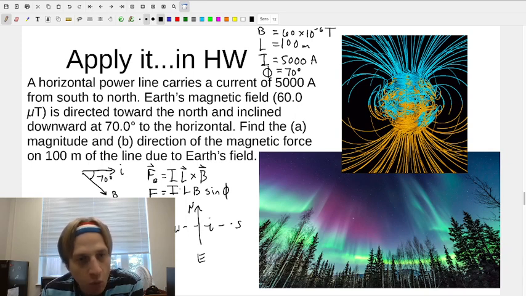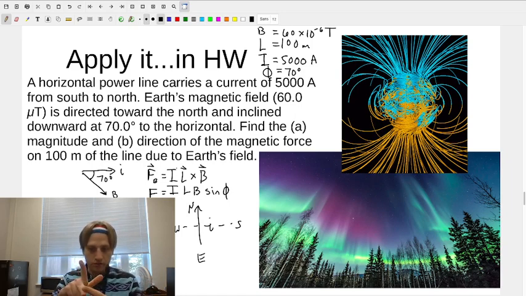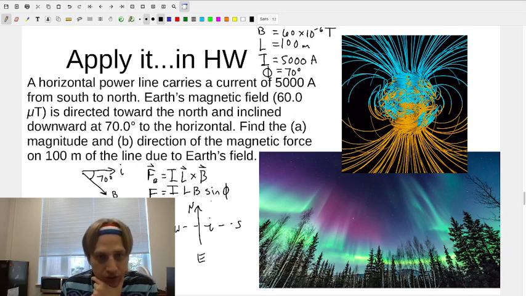Now let's think about what direction this would be. Well, you've got to get your fingers out. You're going to go I cross B gives you F. So in this case, if you're going north and then your B finger is going slightly into the page, then your thumb, so this is our direction of B, our thumb is going to be going over here.